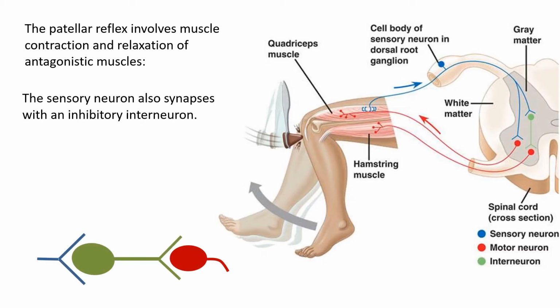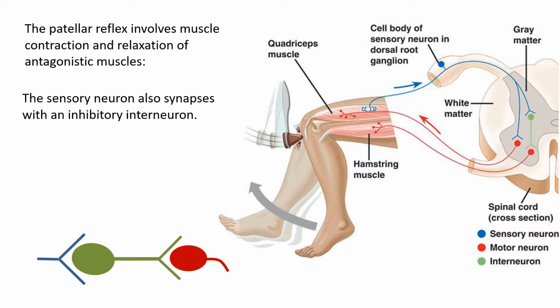So what happens is, if you look at the grey matter on the far right there, we've got our afferent branching once it gets into the spinal cord. There are two synapses. One of these synapses is the one that we just talked about that causes the contraction of the quadriceps. The other one there is synapsing with an inhibitory interneuron, and the interneuron is acting like an off switch.